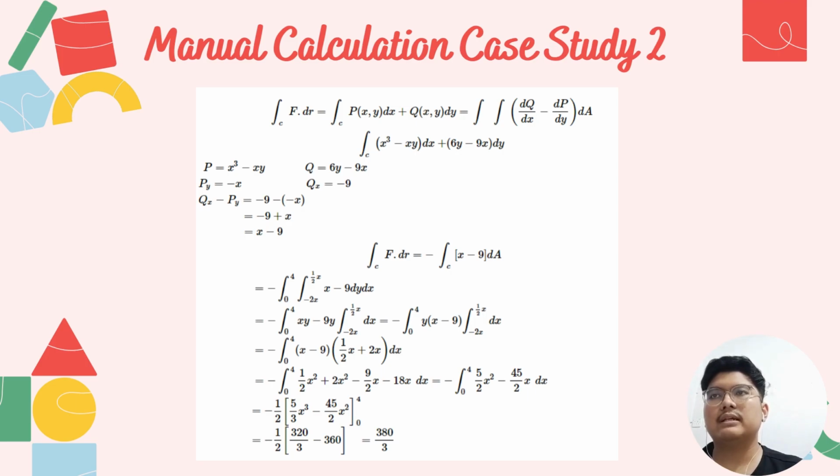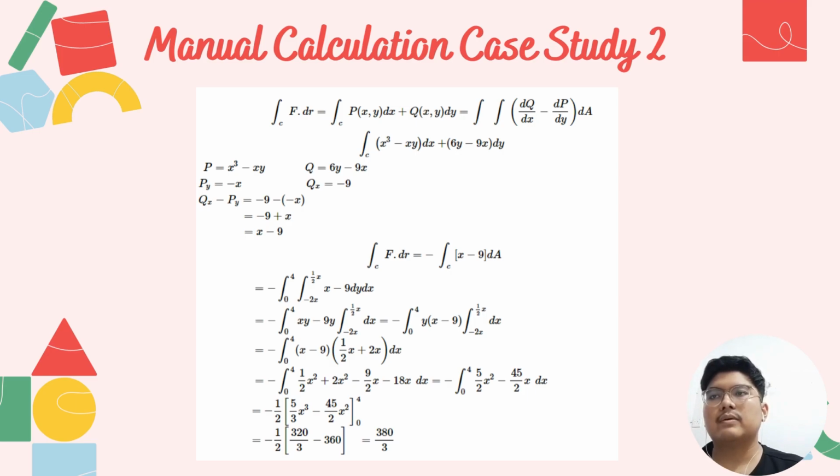Then we integrate it with respect to dy dx. So first, integration with respect to dy, the answer is x minus 9 times the bracket of 1 over 2x plus 2x.